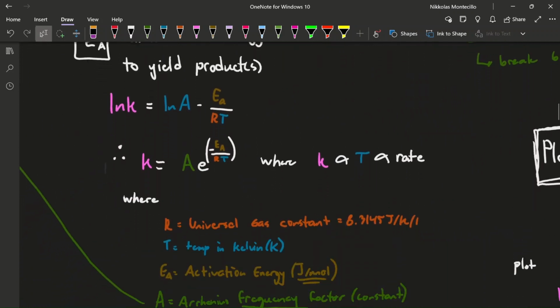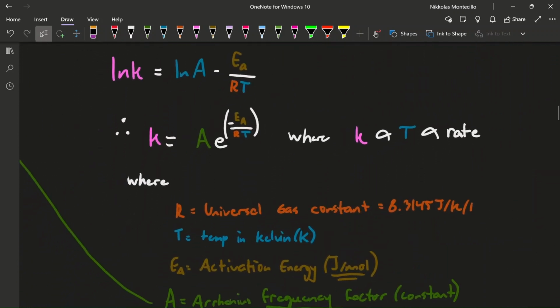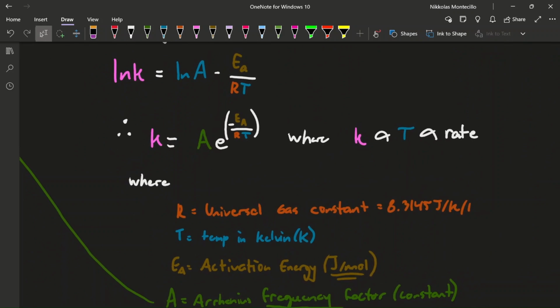So this is the formula that we need to be familiar with, where the natural logarithm of the rate constant k equals the natural logarithm of the Arrhenius constant A minus Ea, the activation energy, over RT.